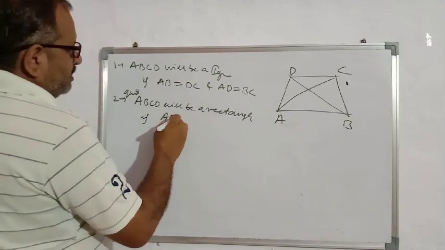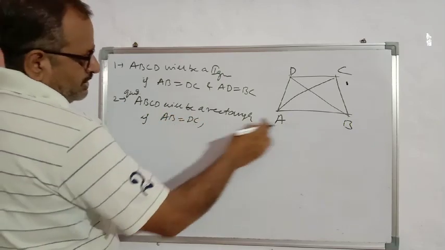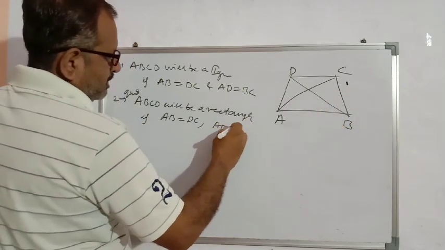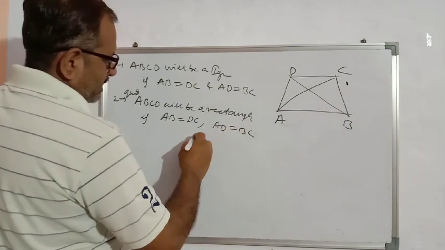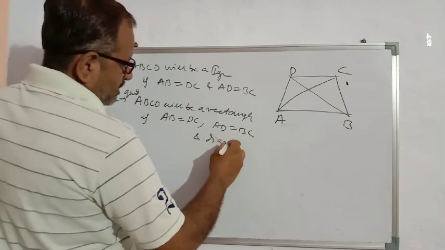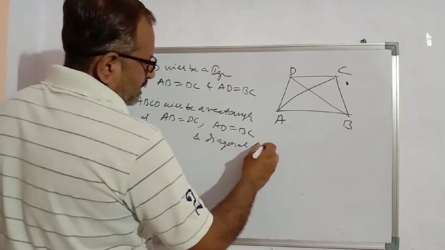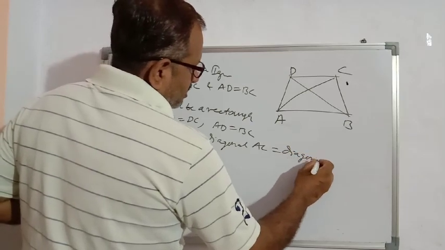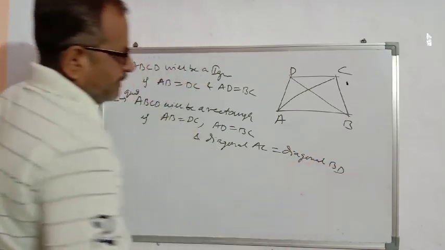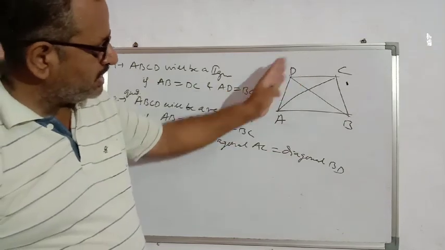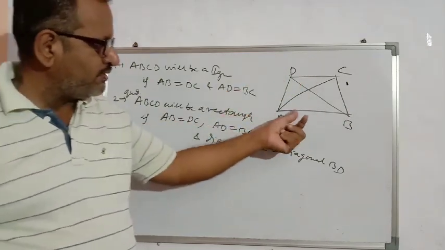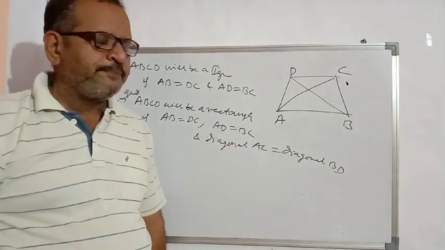So we will prove AB is equal to DC, AD is equal to BC, and diagonal AC is equal to diagonal BD. Means if opposite sides are equal and diagonals are also equal, then we can say that this quadrilateral ABCD is a rectangle.